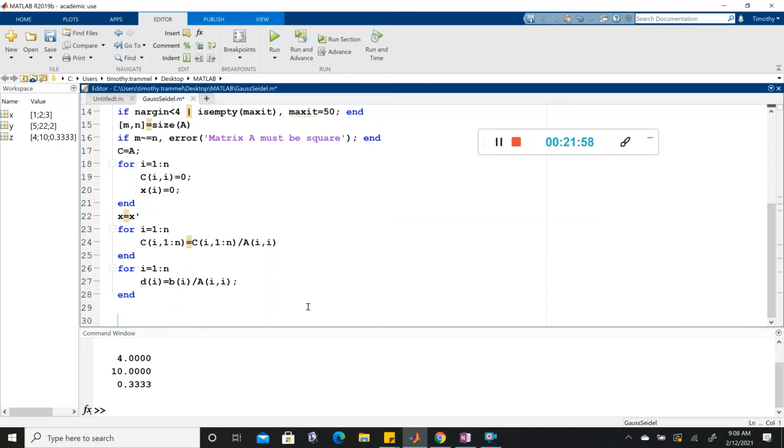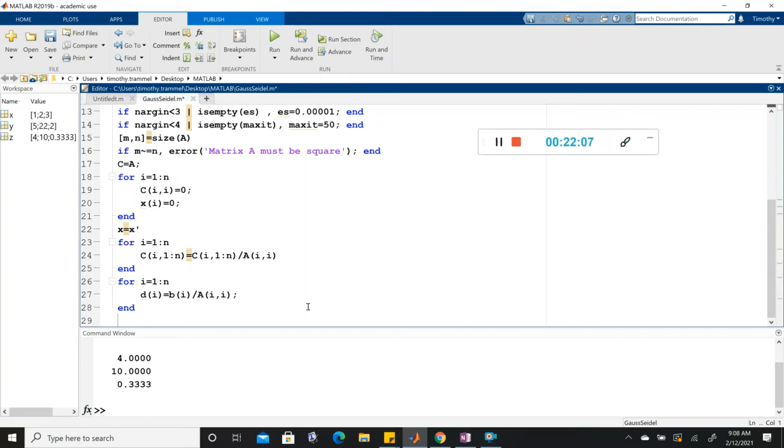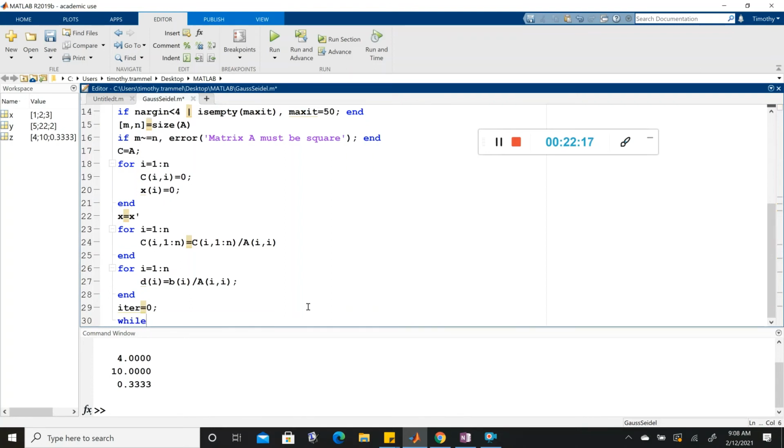and finally, now that we've created those matrices and vectors, we can start our while loop. Okay. So before my while loop, I'm going to have iter equals 0, because we need to count the number of iterations, because we have max it here. All right. Then while 1.